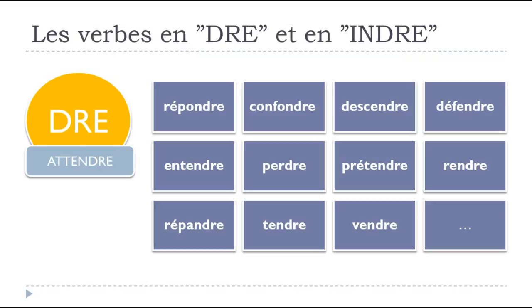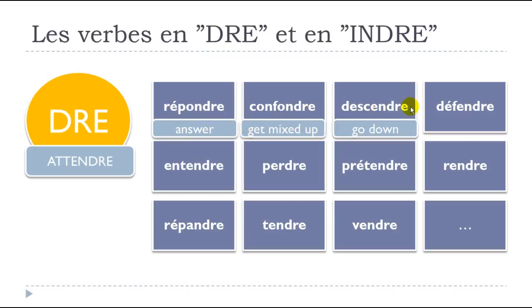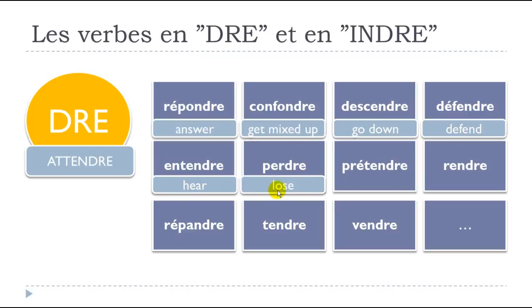But I'm pretty sure that you are expecting some translations here, so that's the reason why they are coming now. Répondre, to answer. Confondre, to get mixed up. Descendre, to go down. Défendre, to defend. Entendre, to hear. Perdre, to lose. Prétendre, to claim.